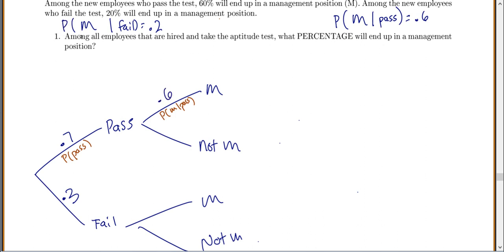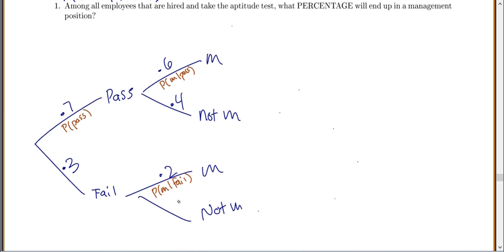What else did we find? We found the probability you're in management if you failed, which would be our 0.2. And again, each set of branches always adds up to 1. So if you pass, the probability you're in management is 0.6. That means if you pass, the probability you're not in management is 0.4.